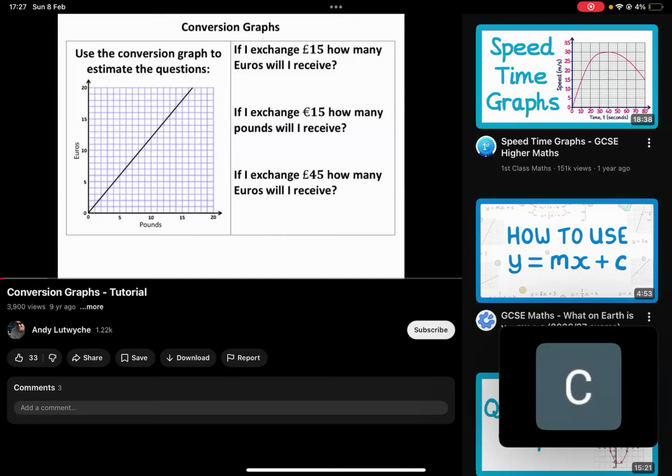I'm taking a look at it. So basically, they're conversion graphs, right? Okay.